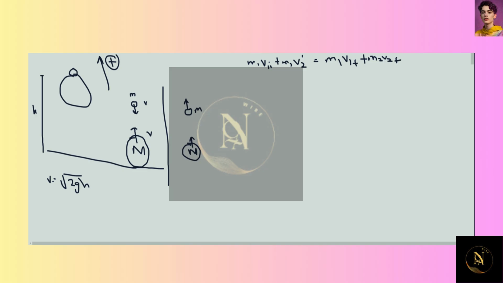And the kinetic energy equations will be half m1 v1 initial squared plus half m2 v2 initial squared equals half m1 v1 final squared plus half m2 v2 final squared.